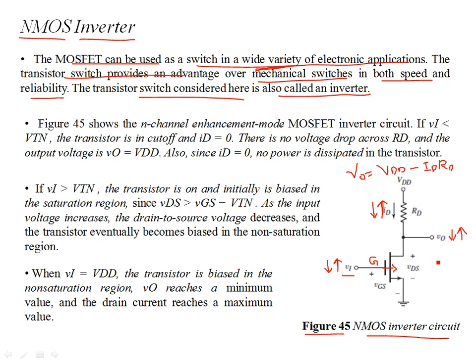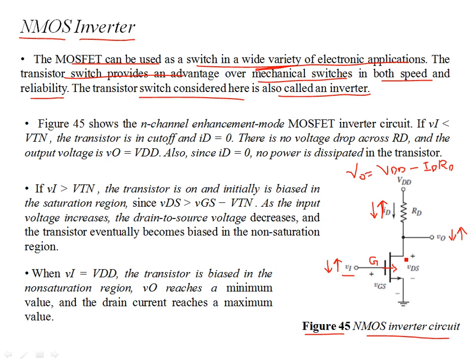MOSFETs, as you might know, can amplify small time-varying signals, and we have talked about digital inverters like this configuration. They can be used to execute various digital logic functions in digital circuits.